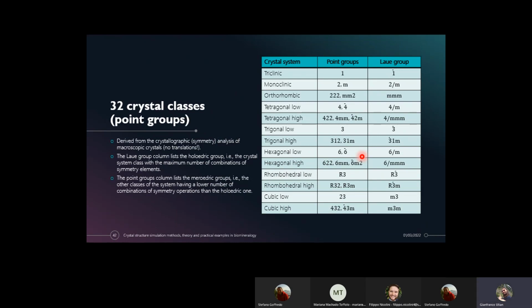So for these crystal systems, from the point symmetry, by making different combinations of the crystal system and the isometries, the symmetry element operations that we make on the object, we have 32 crystal classes that are called the 32 point groups.